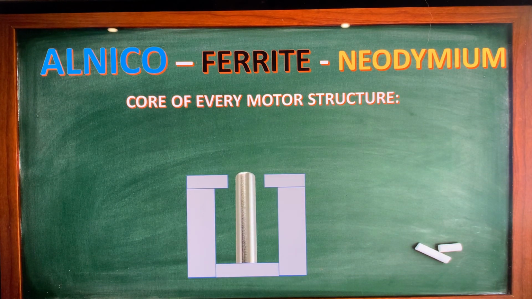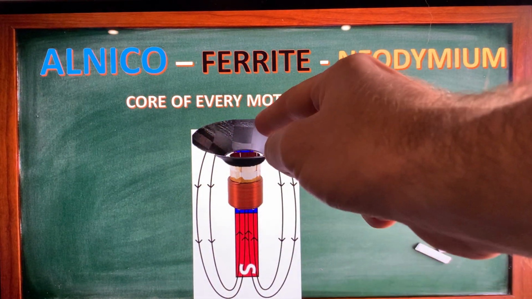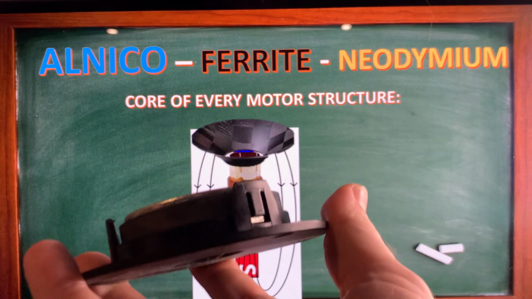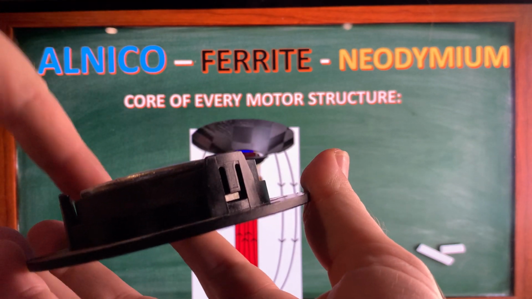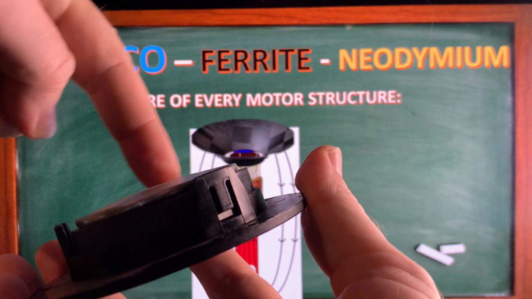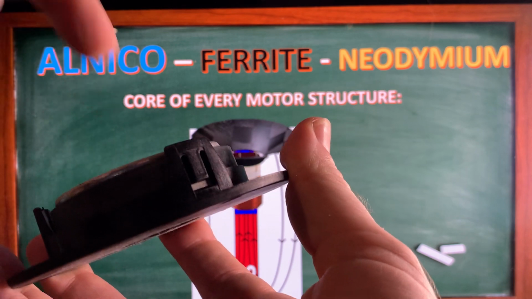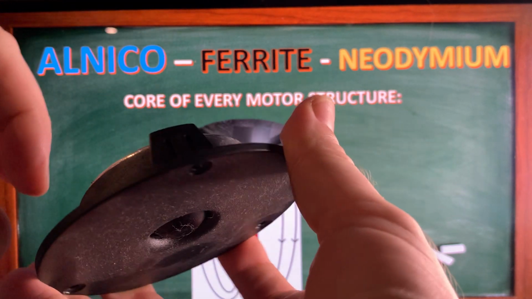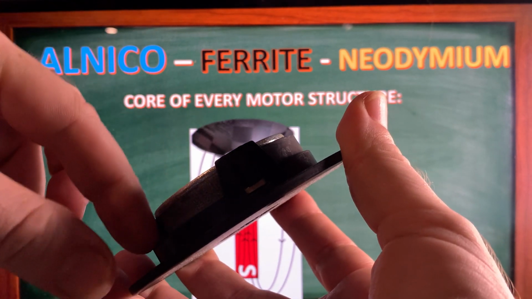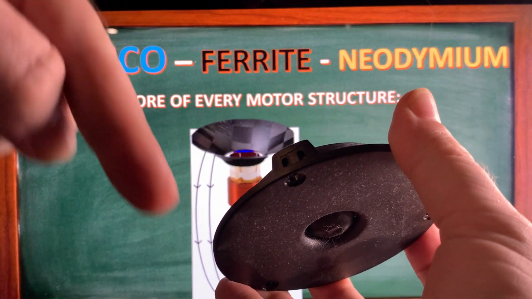However, the big problem is that, as you see, the magnets generate a field, and the field goes around the magnet. So in the case of a ferrite magnet, we are using only the inside, only one side of the ferrite magnet to propagate the magnetic lines into the motor. What about the outside? Half of the magnet is not protected, it's exposed, so half of these magnetic lines are just radiating outside.